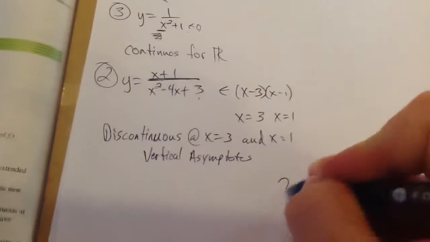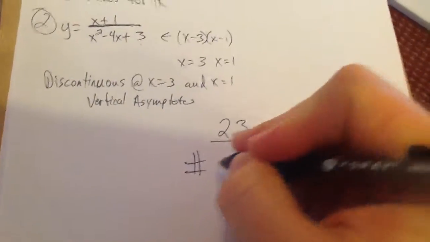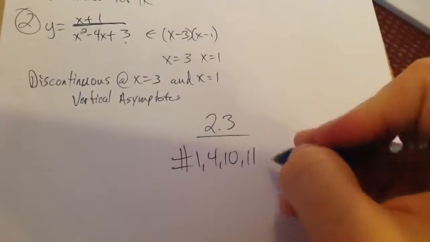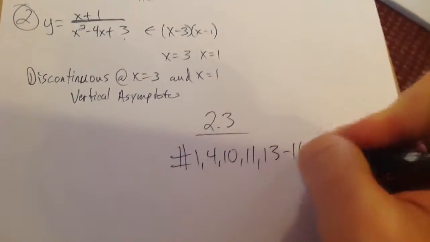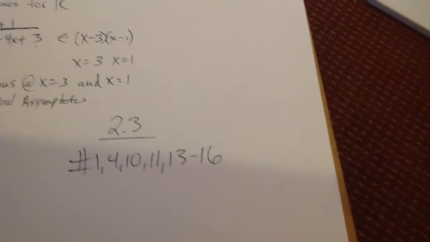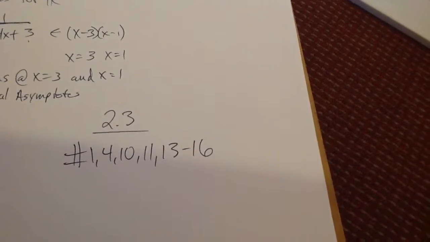So go ahead and look at those. Do 2.3, numbers 1, 4, 10, 11, and 13 through 16. Oh, wait, I just thought of something.